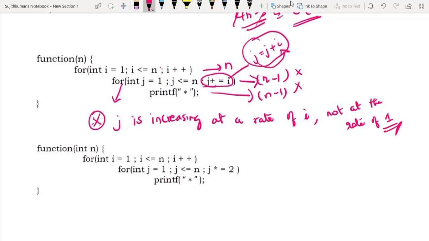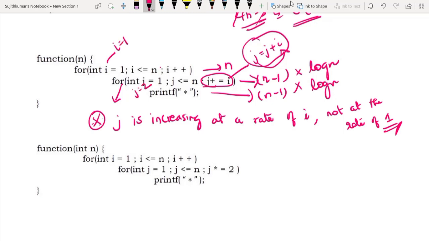If that is the case, this will not go for the whole iteration, it will execute only log n times. So everything inside the loop will also go for log n. How do you claim that? Let's say my i equals 1 and j becomes 2.